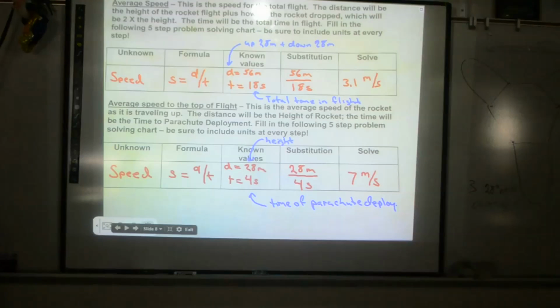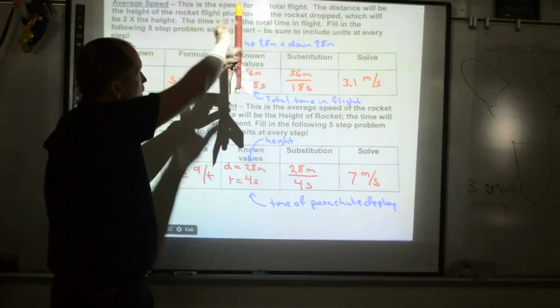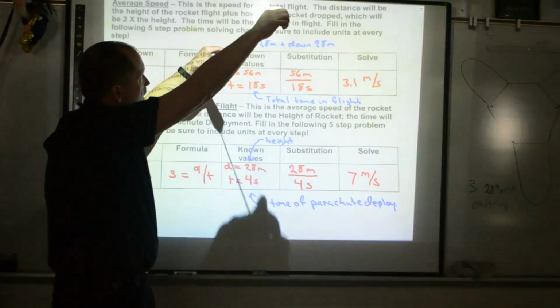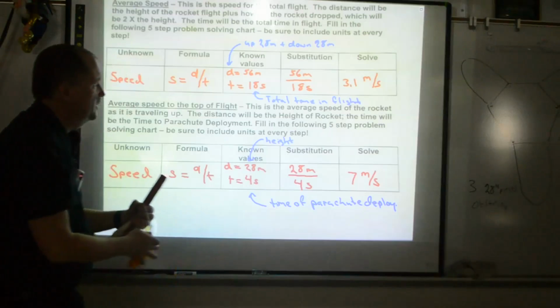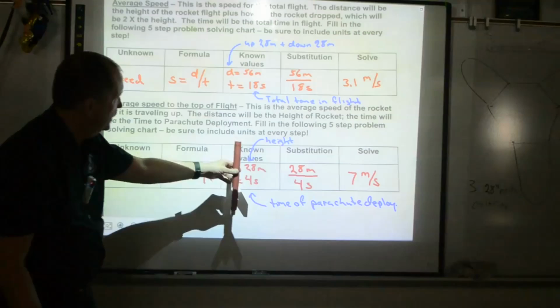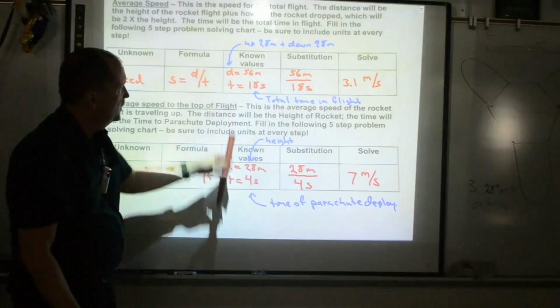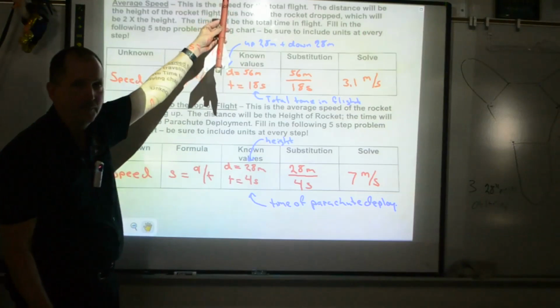And you would also include that this makes sense because the average speed is the rocket going up, and the parachute coming out, and then it coming back down. Whereas the average speed to the top of the flight is simply the rocket going up. So this going up and coming back down should be much slower than it just going up.